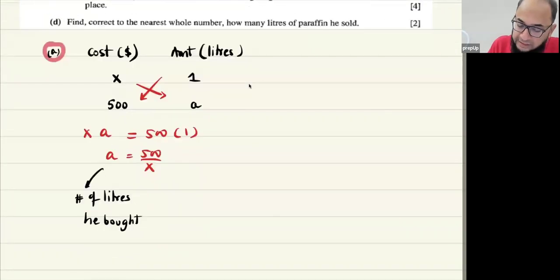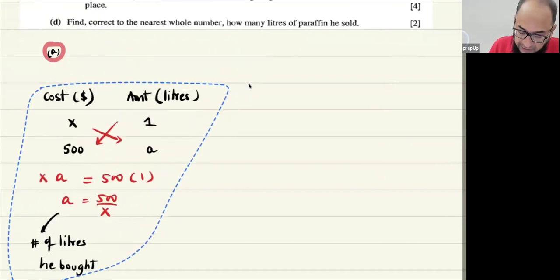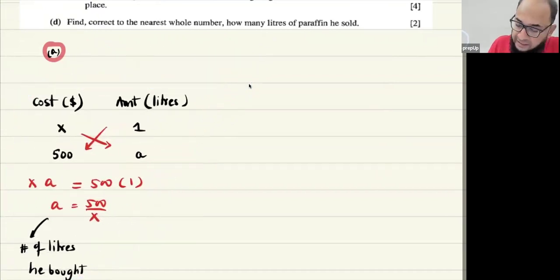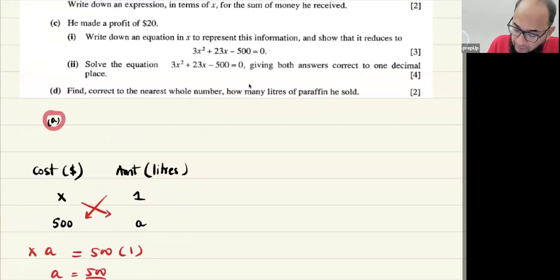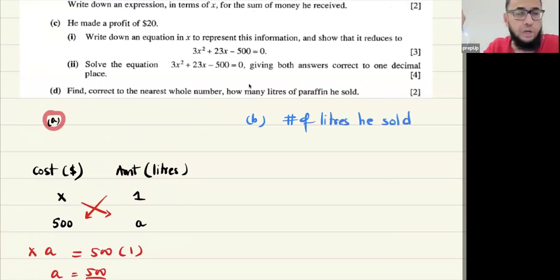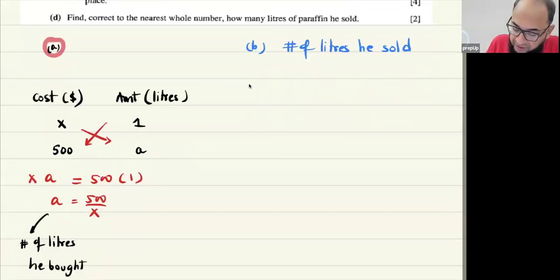Now for the second part, hold for a second. Let me grab this and bring it down. For the second part, part B, we are dealing with the number of liters he sold. Again, it's all about reading and comprehension. So again, we will write cost in dollars, and amount in liters.